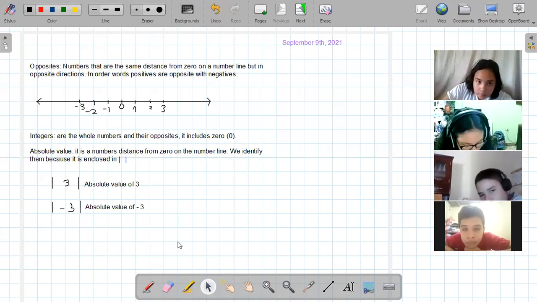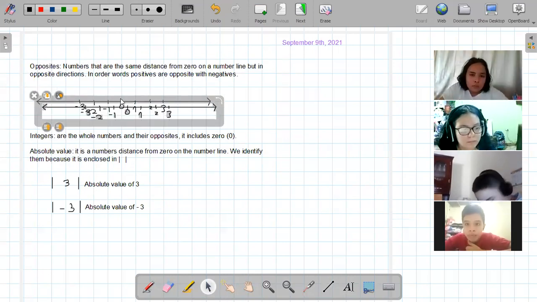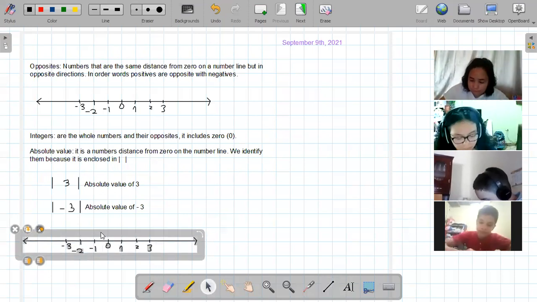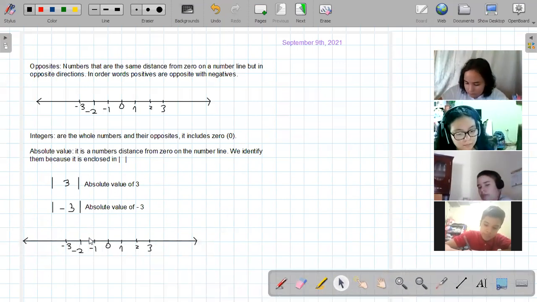Now I'm going to explain how you find the absolute values, and I'm going to explain it with the number line that we had already. Okay, so let's place it over here. Remember, we are not using a grid paper notebook. I'm just using the background so I can draw the number line perfectly. You're using your normal regular notebook and a ruler, okay?